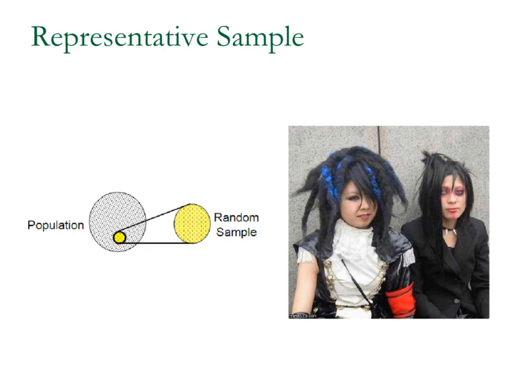Were I to do that, I would be committing a fairly significant error here, because the students who are hanging out around the fountain at ASU are not representative of the state of Arizona. So I could say, well, maybe I don't want to talk about the people of Arizona, I'm just talking about ASU students. Well, even then, the people who are hanging out around the fountain are not necessarily representative of ASU students.